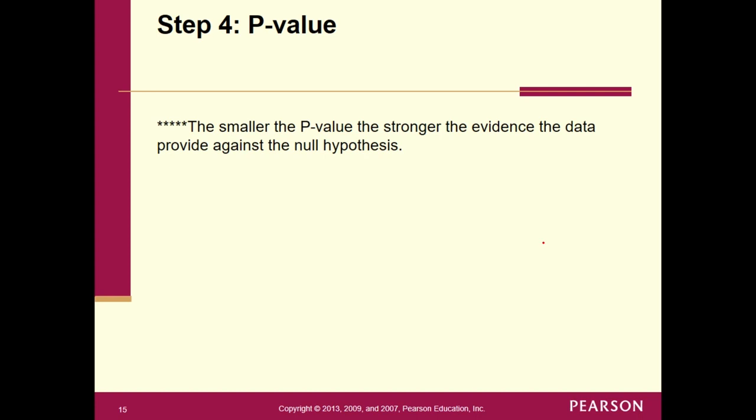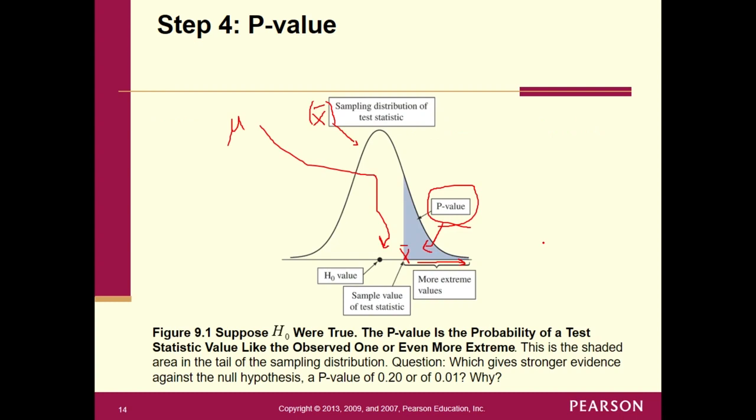The smaller the p-value, the stronger the evidence the data provides against the null hypothesis, meaning the null is probably wrong. So let's go back to our depiction right here. Here's my scribbles and our picture from the book.